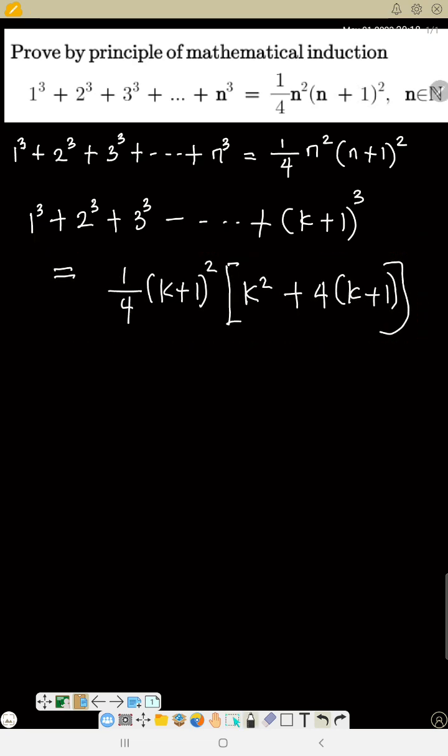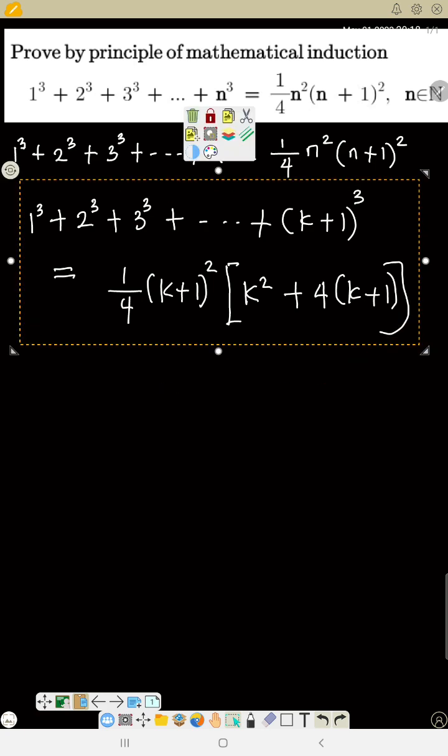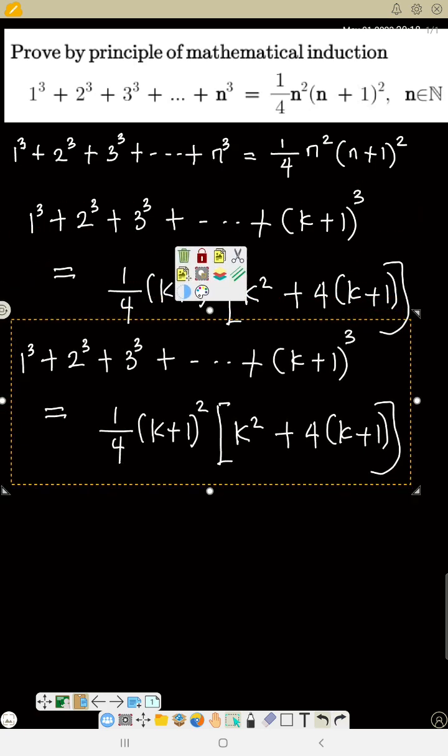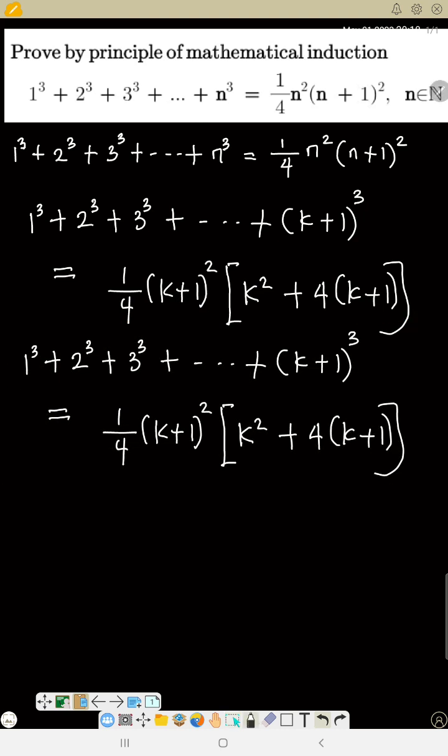Next step. We are going to use this 4 to open this bracket. So we have all this. To avoid repetition, that's why I copy.